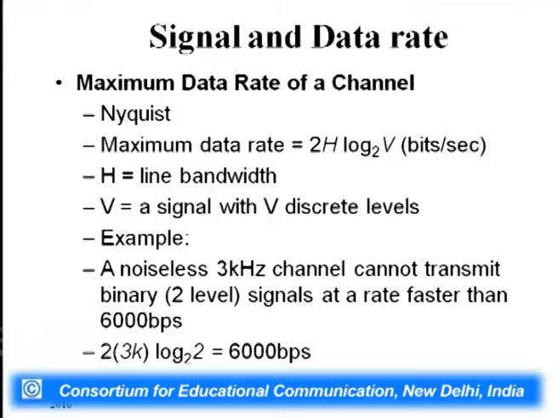Here we will talk about what should be the signal rate or the data rate. Nyquist has defined a signal rate or a data rate provided a signal has some bandwidth. The difference between the maximum frequency of a signal and the minimum frequency of a signal is called the bandwidth.